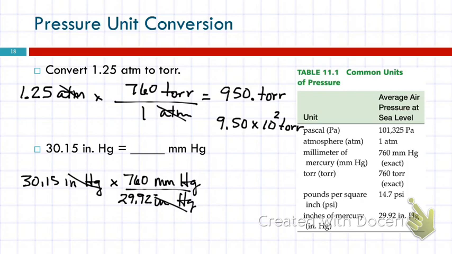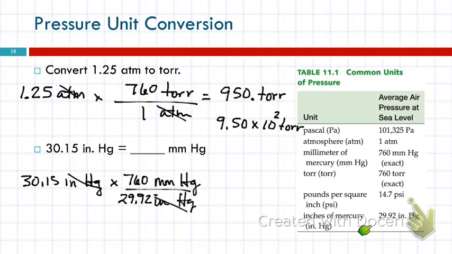Okay, so we've got 30.15 times 760 divided by 29.92. And my calculator's giving me lots of digits. How many sig figs does 30.15 have? 4. How about 29.92? It's not exact. Doesn't say exact here.